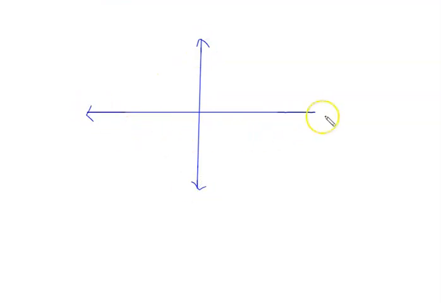You can draw the graph of sin 2x from minus pi by 2 to pi by 2, and we get this type of graph. At plus pi by 4 we get the value plus 1, and at minus pi by 4 we get the value minus 1.